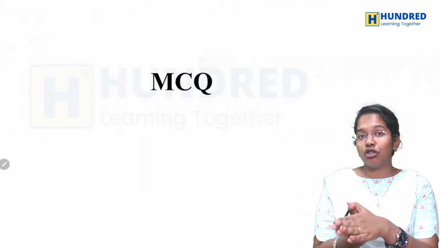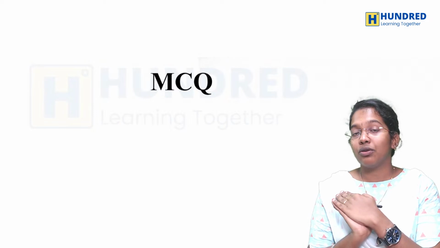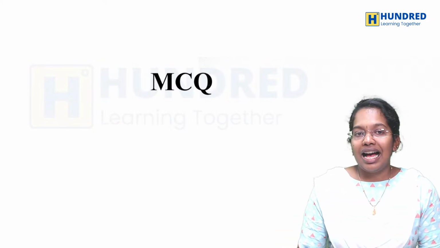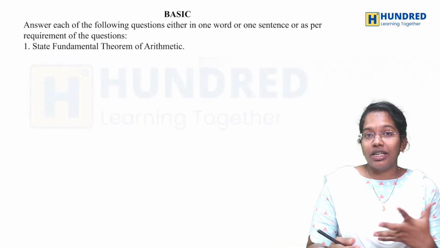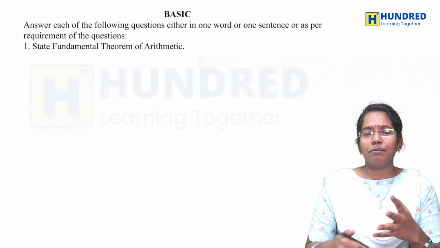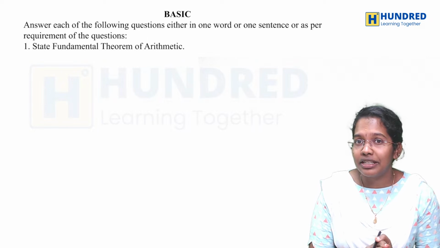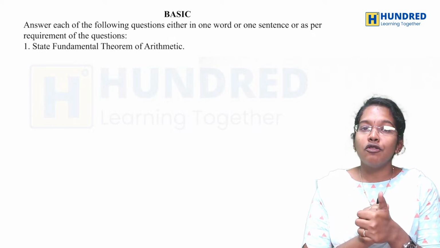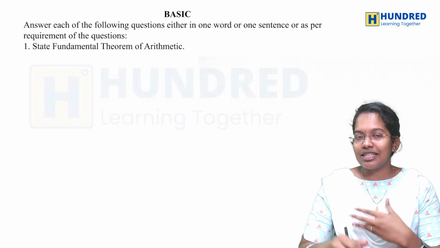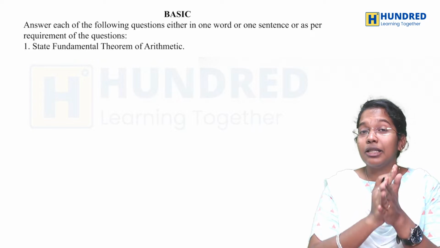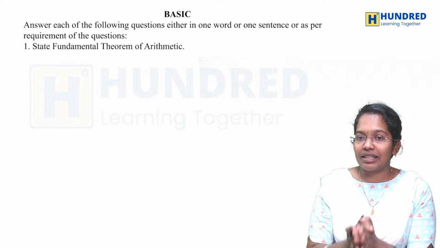Next, when you come to the MCQs part, you have to have some basic knowledge about this chapter. The simple basic things to be known are, what is the fundamental theorem of arithmetic? As I told you before, it's nothing but the product of prime factors only.